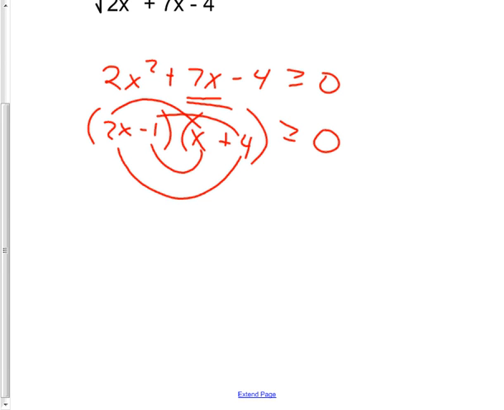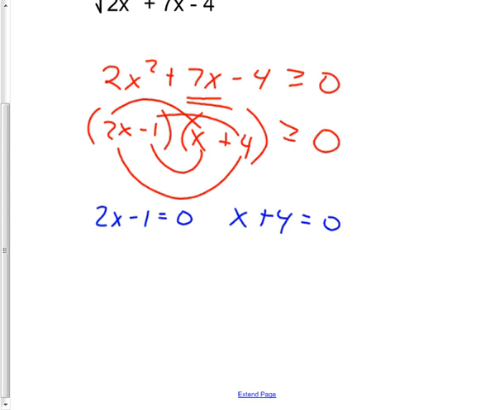My magic points are 2x minus 1 has to not equal 0, and x plus 4 better not equal 0. Because if it does, no wait, it actually equals 0. I'm sorry. 0 is okay. I forgot that. I'm under a square root, and under a square root, it's okay to have zeros.